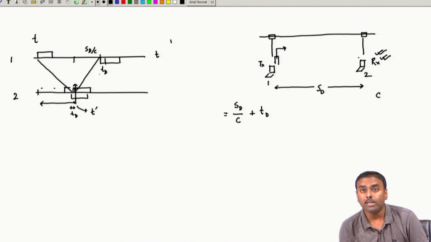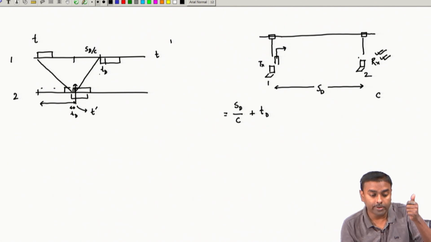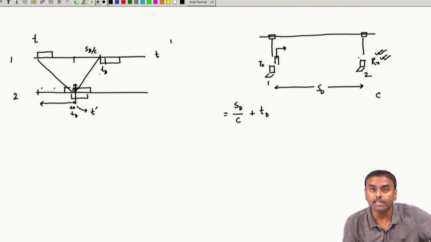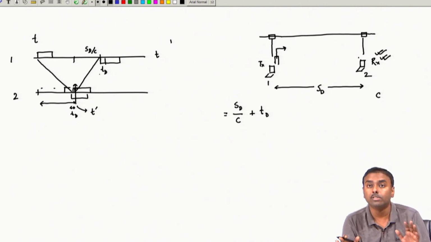Let us see the overall time for node 1 to detect a collision, even though he was the only one transmitting and had seen the channel free. Even then there might be a collision, because of this vulnerability period, the propagation delay and the finite distance between two distant nodes.